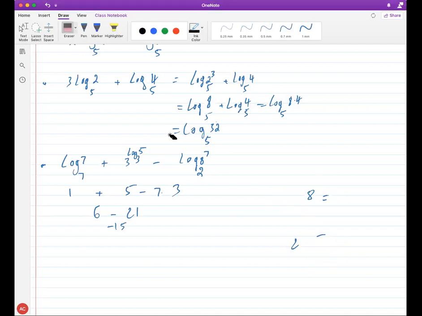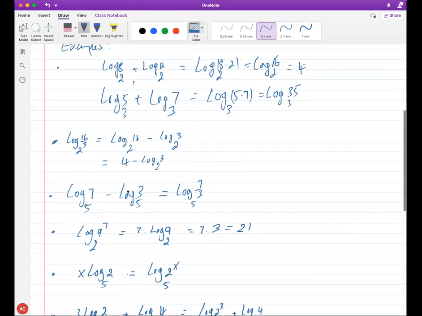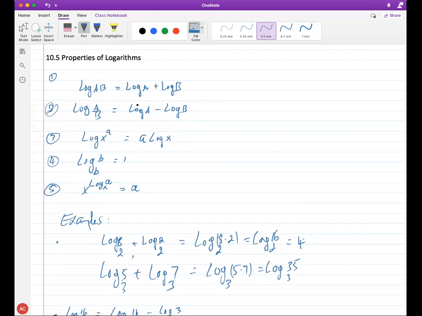Okay, and that's pretty much how the logs work, or the properties, rather. We can simplify what seems to be complex expressions with logs easily when we know the rules. These are the main 5 rules that we're going to be using pretty much.